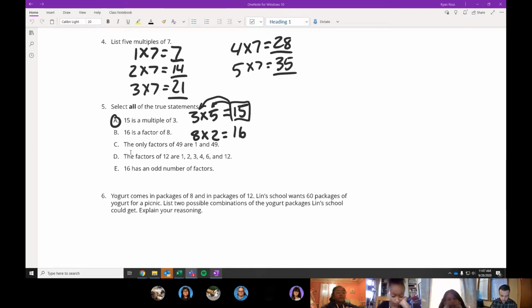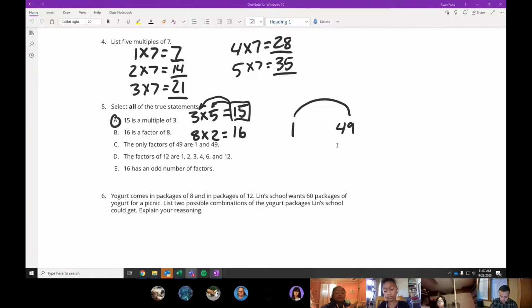C, the only factors of 49 are 1 and 49. Let's make our factor rainbow. We have 1, we have 49. Okay, we can try 2, and we wouldn't get there because it's an odd number, 49 is. We could try 3, but we wouldn't quite land on it. We land on 48, and then 51, but we'd skip 49. And we could keep going and going.